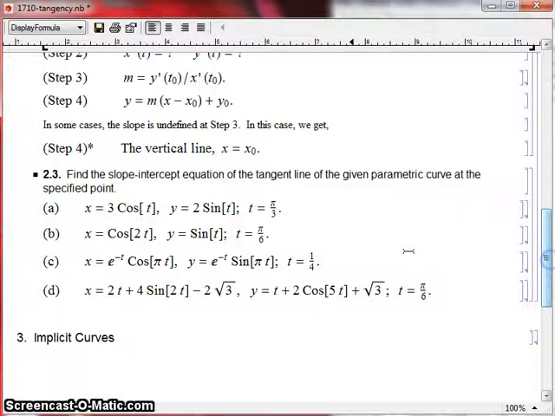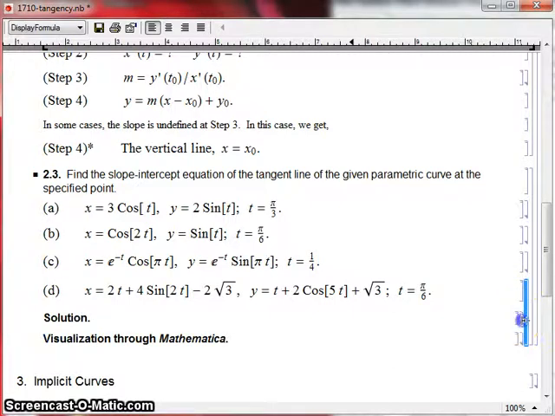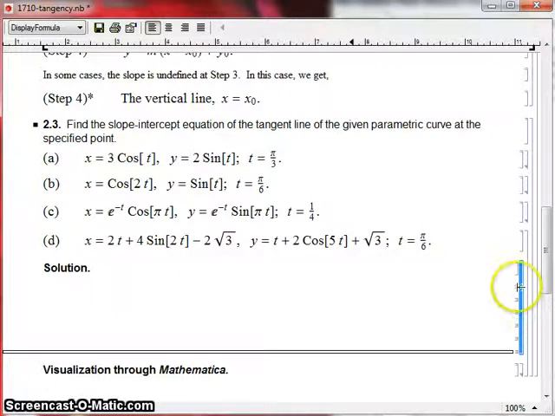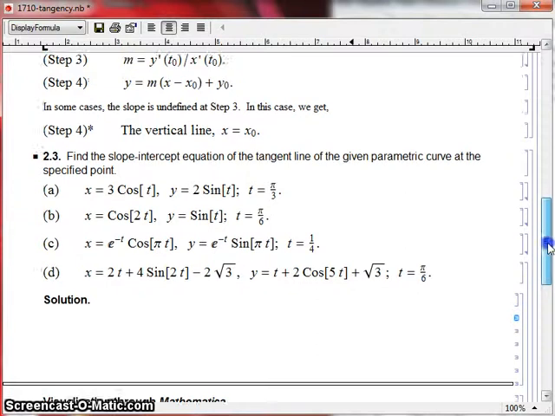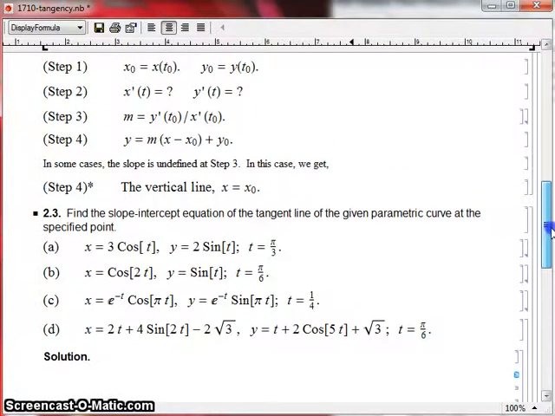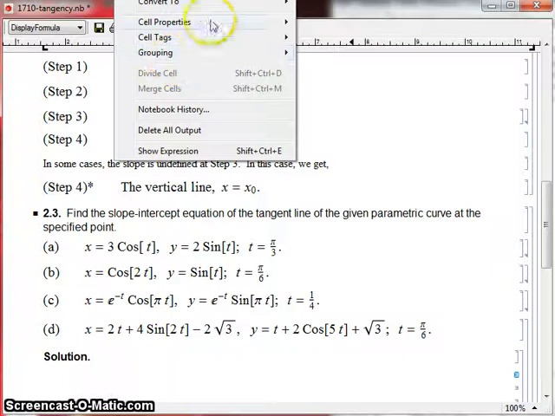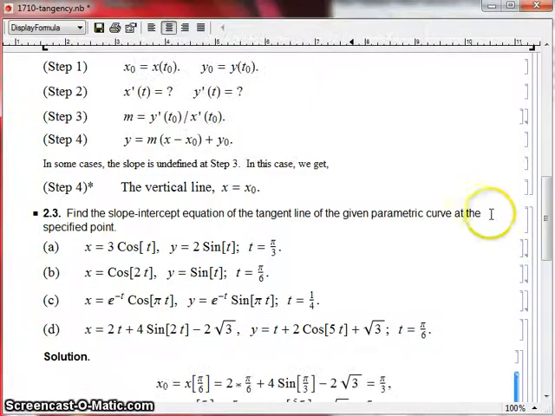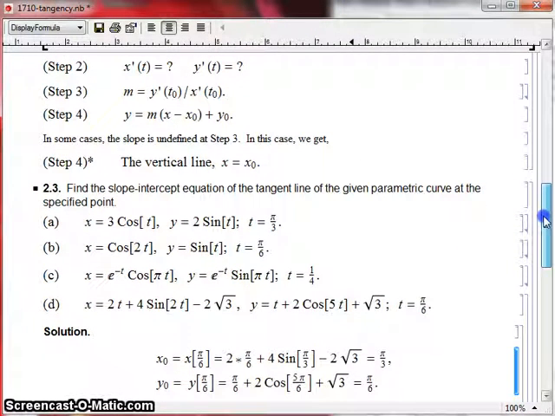Let's go over to problem D. It's a little bit complicated, but I believe we can handle it. Let's go. Step 1. We have to find x naught and y naught. All we have to do is plug in the given t naught value, pi over 6, to the function.